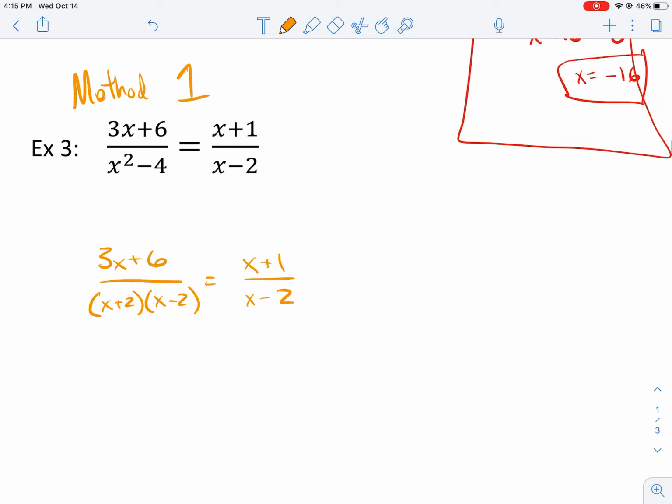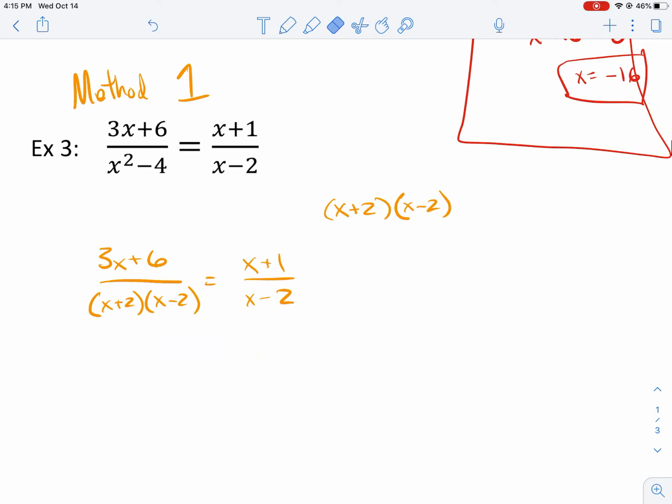So we're going to use method 1. We're going to come up with our fraction buster, which means we take a look at both denominators and say, if we were to add all these things, what would be our common denominator? If I were trying to add these two fractions here, I would need a common denominator of x plus 2, x minus 2.